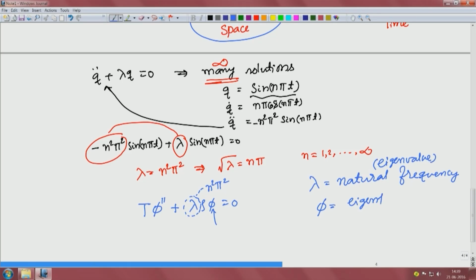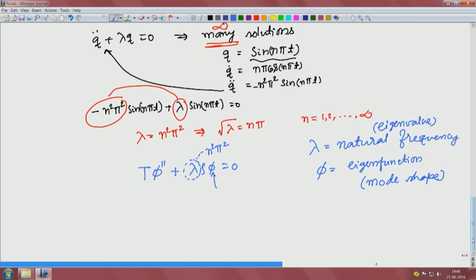Any word that has eigen as prefix has to be written together. Eigenvalue is not two words, it is a single word. Eigenfunction, eigenmode, whatever you say is a single word with what follows. Eigenfunction, or what we call in vibrations mode shape, natural mode shape or normal mode shape. We get all of those here.